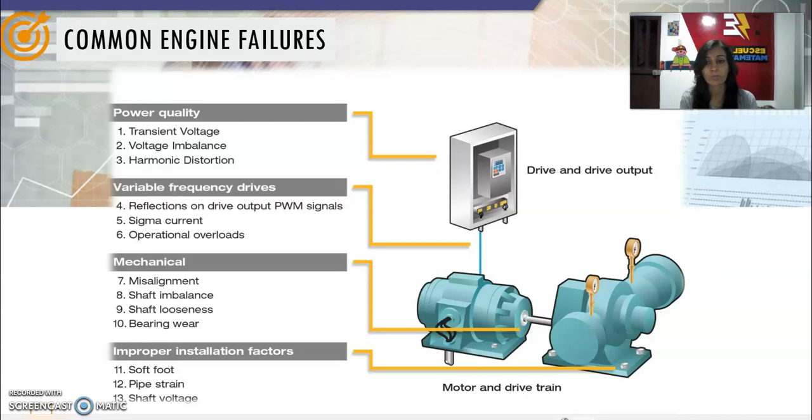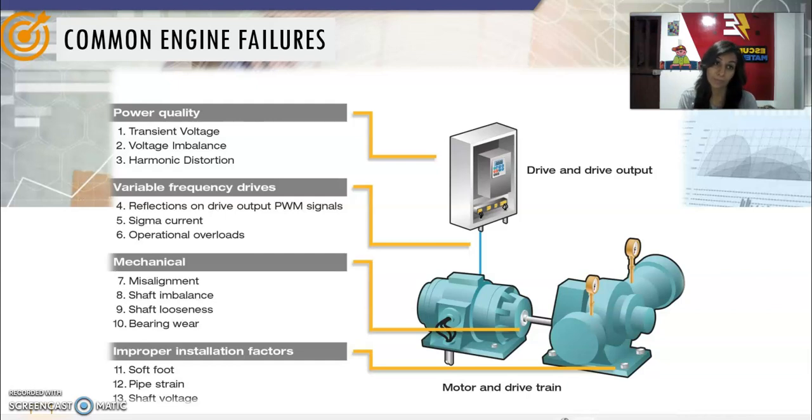Next, for variable frequency drives, there are three main factors that can damage them or make them work badly: the reflection of drive output PWM signals, the sigma current, and operational overload.